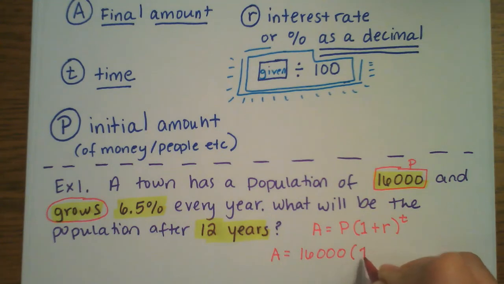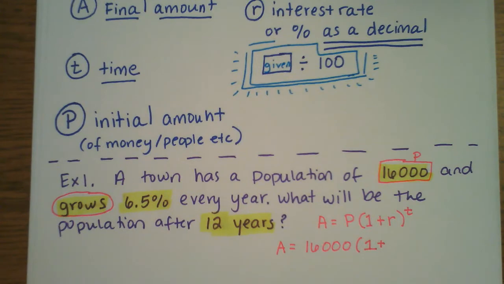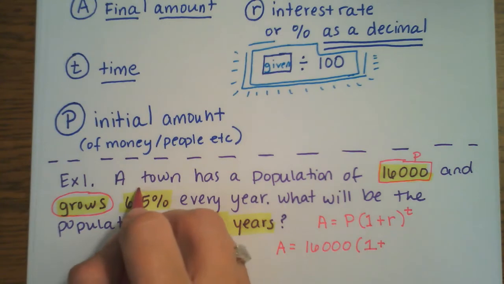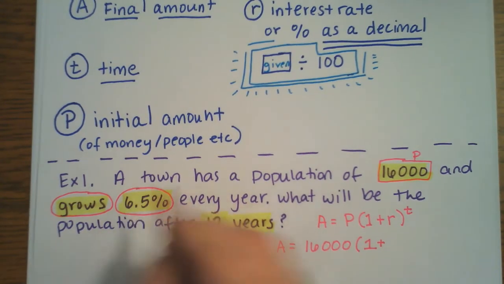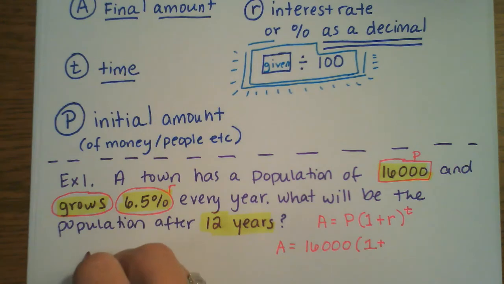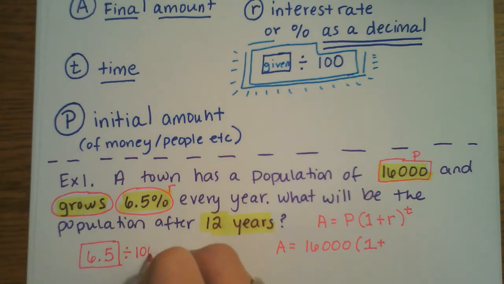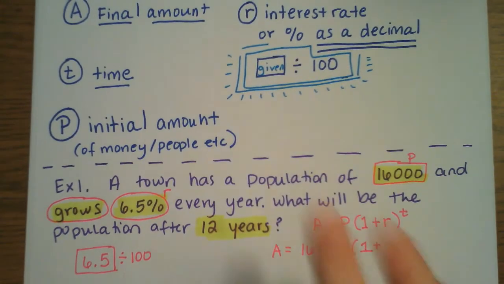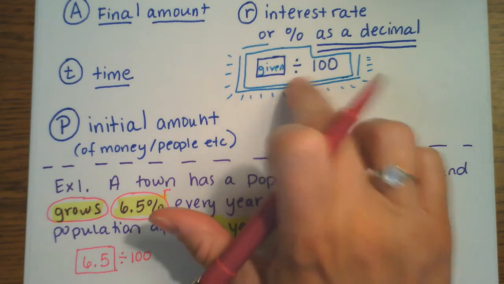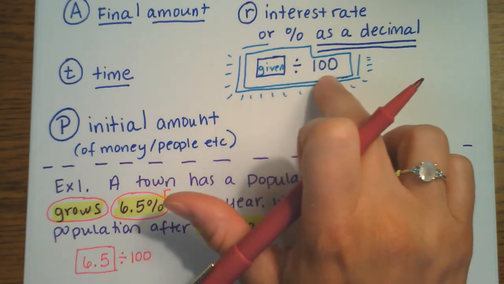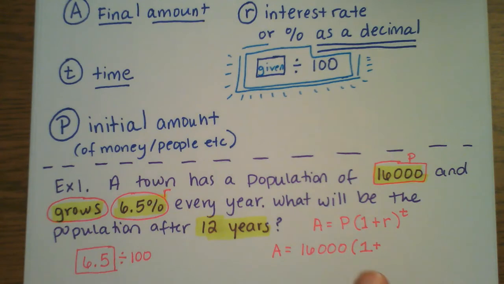parentheses 1 plus. R is tricky because we have to take that percent, so 6.5, and divide it by 100. So we take the given percent and we divide it by 100 before we put it into our formula.